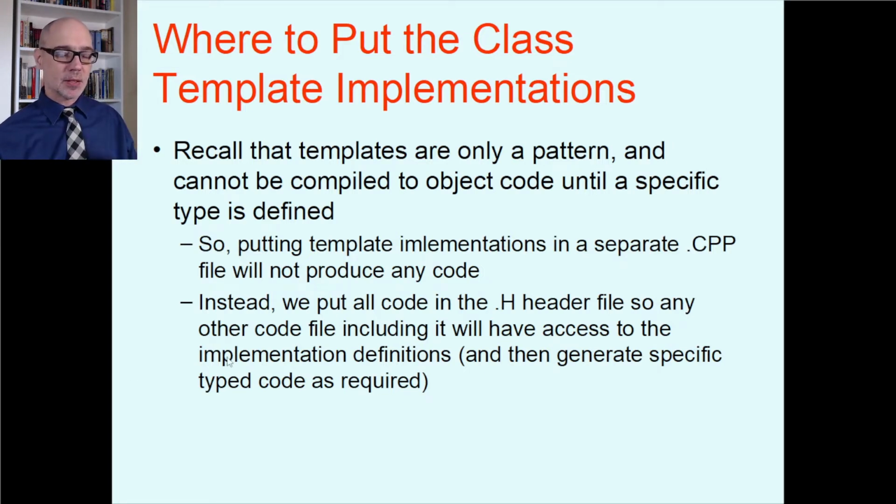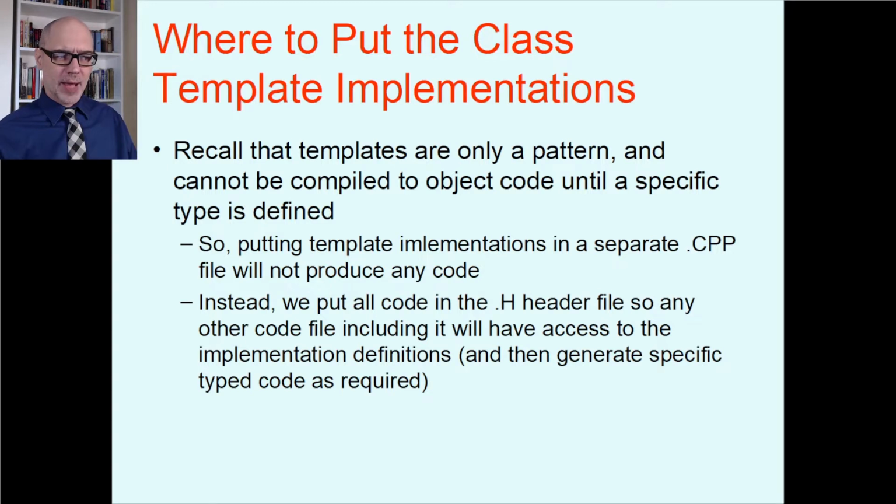So instead, one option, what we'll be doing here and what the book does, is we'll put all the implementation code in the .h header file. Just for templated classes, put all the code in the .h header file. Could be inlined, could be separate, whichever one you do.